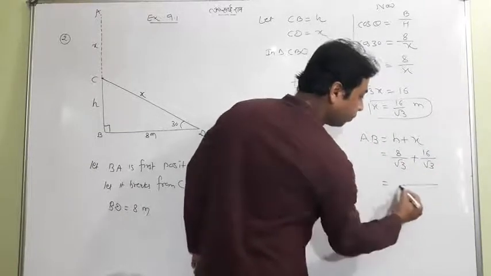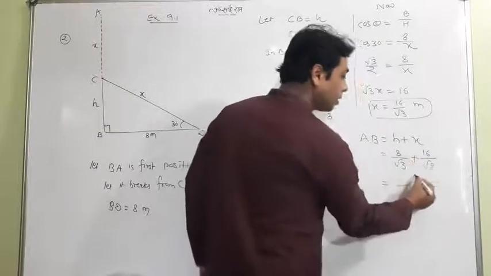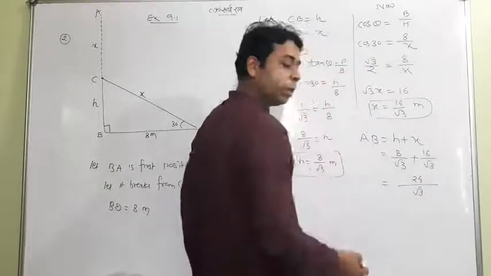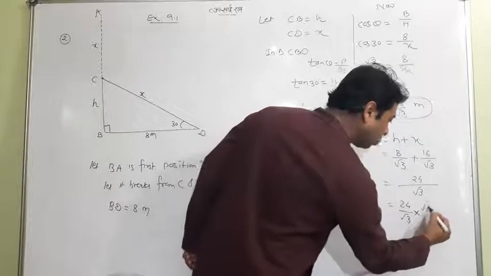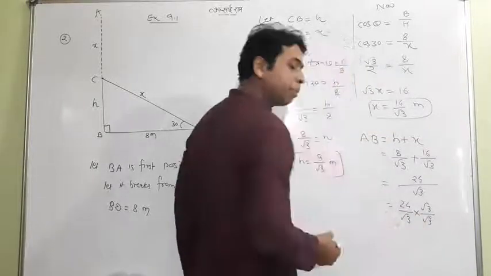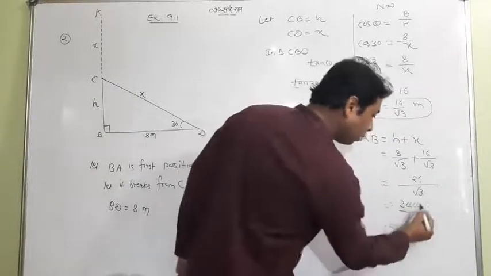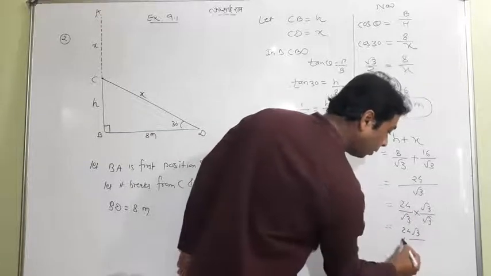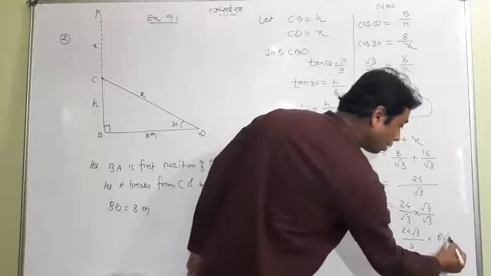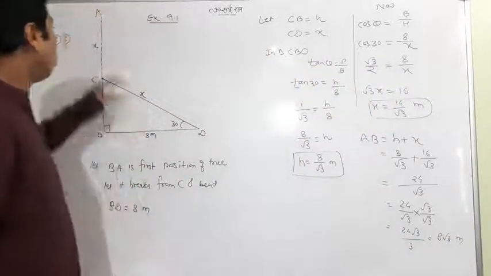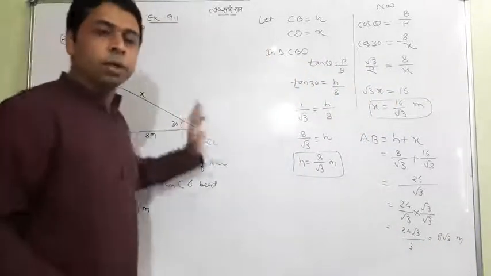Take an LCM. This is root 3. 8 and 16 will be 24 upon root 3. Rationalize the term. How to rationalize, you know it. Divide and multiply by root 3. You will get 24 root 3 upon 3, and after cancelling 3 eights, the answer will be 8 root 3. This is the whole height of the tree we have got.